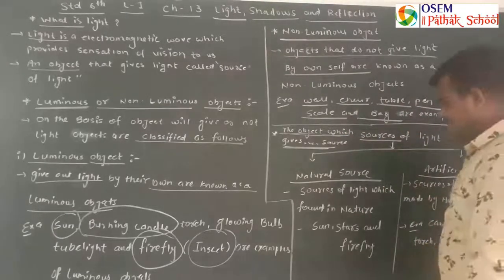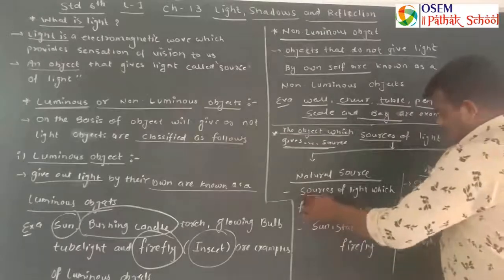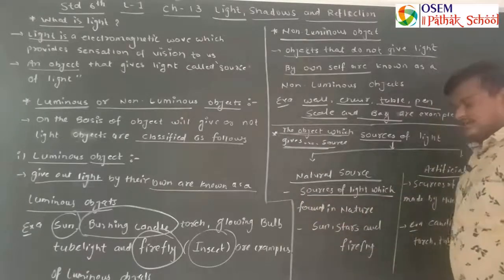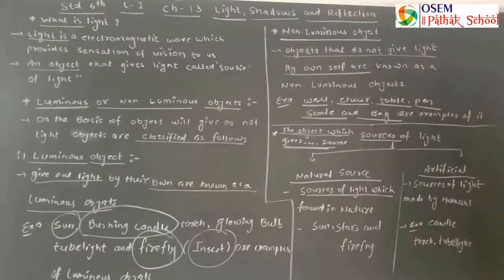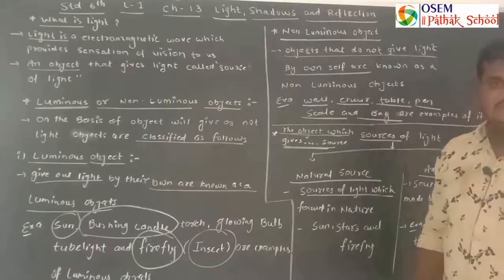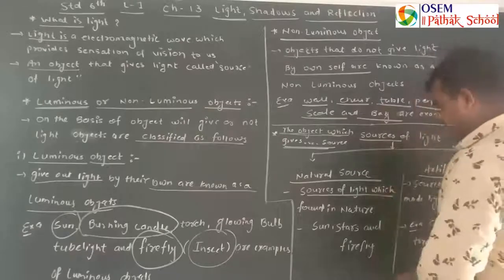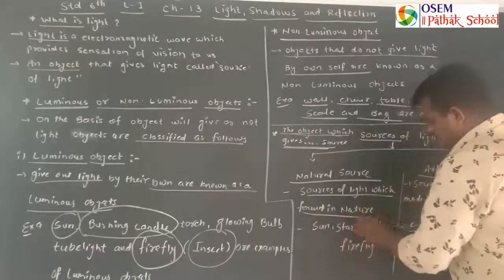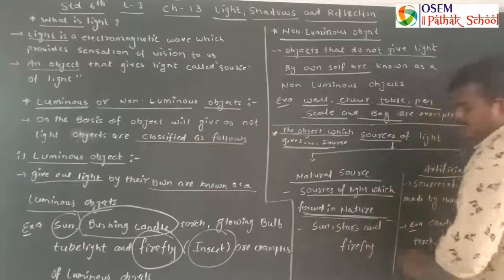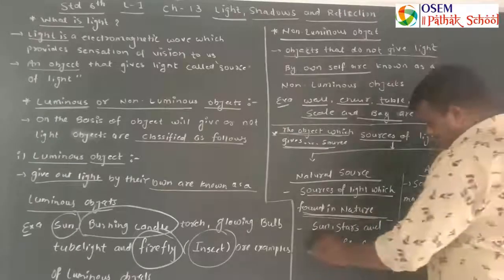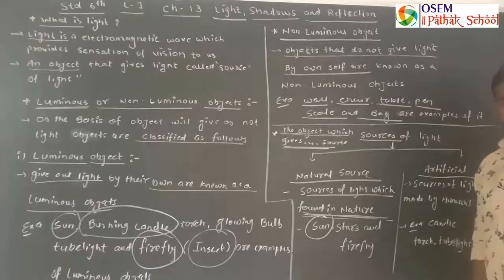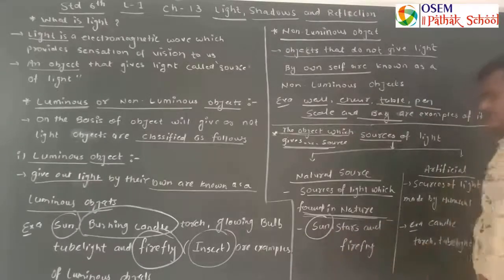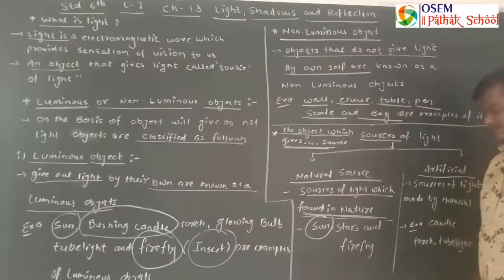So what are the natural sources? Sources of light which are found in our atmosphere, in our nature, are considered natural sources of light. For example, sun, it gives light automatically. So sun is the best example of a natural source of light.